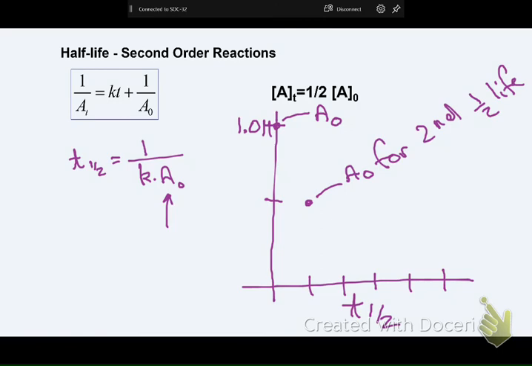Your initial concentration for this half-life equation just depends on which half-life you're in. For first order, it didn't matter because it wasn't part of the equation. But for second order, now it matters. Now, if this number is half, what does t 1/2 do?